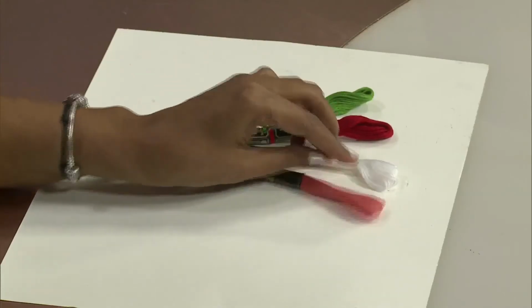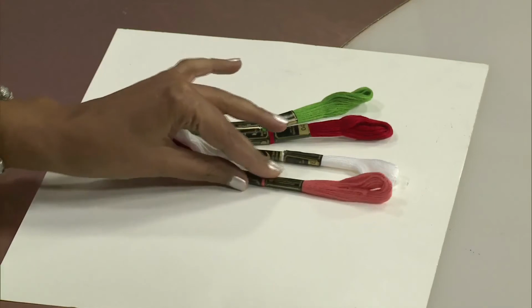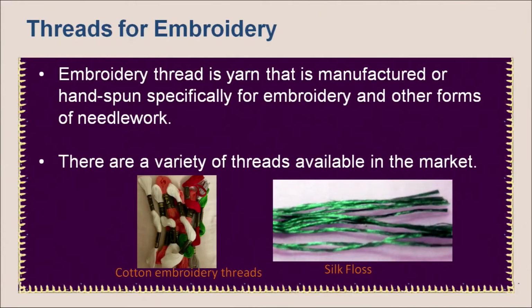Another important material that is required for embroidery is the embroidery thread. The texture of the embroidery depends upon the kind of thread used. Embroidery thread is yarn that is manufactured or hand spun specifically for embroidery and other forms of needlework.